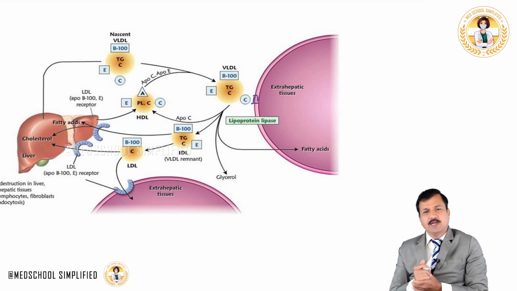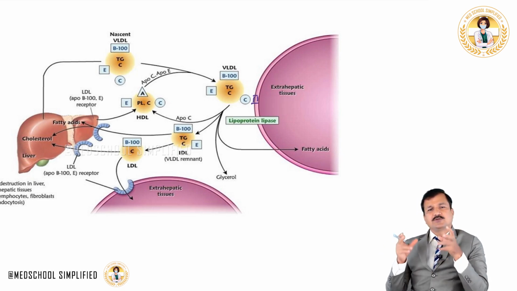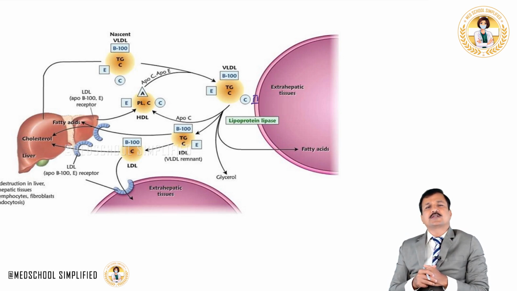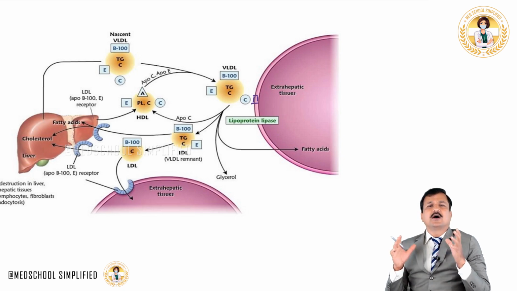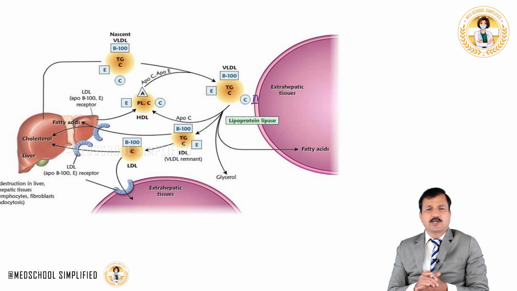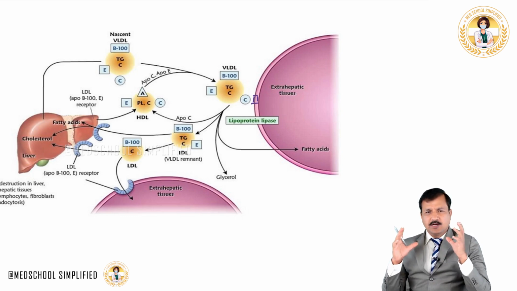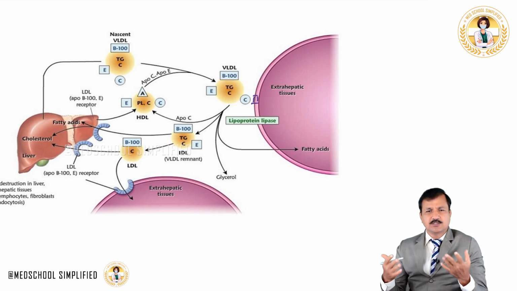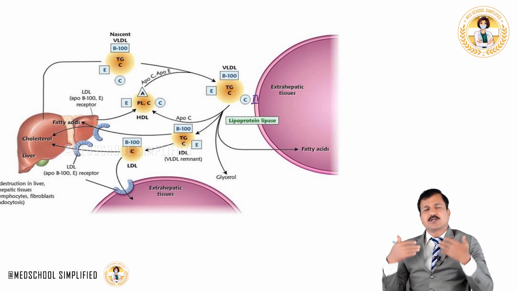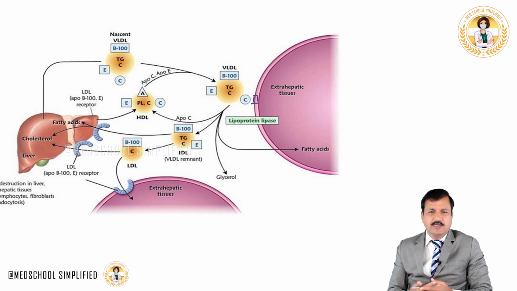This lipoprotein lipase, which is activated by Apo C-II, is going to degrade the triacylglycerol present in VLDL into free fatty acids and glycerol. Same story as I have said in the previous topic, chylomicron metabolism. So lipoprotein lipase, its tissue specific expression, insulin induction, all those points you need to bring here.